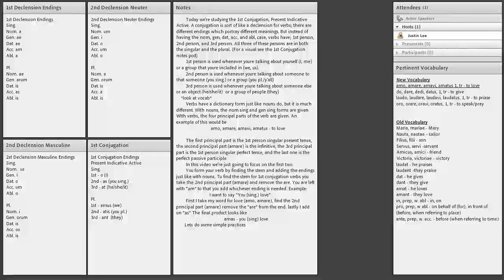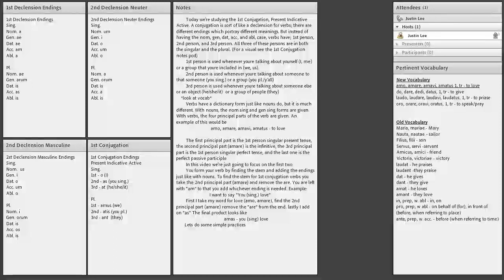You form your verb by finding the stem and adding the endings, just like with nouns. To find the stem for first conjugation verbs, you take the second principal part, amare, and remove the are. You are left with am. To that, you add whichever ending is needed.